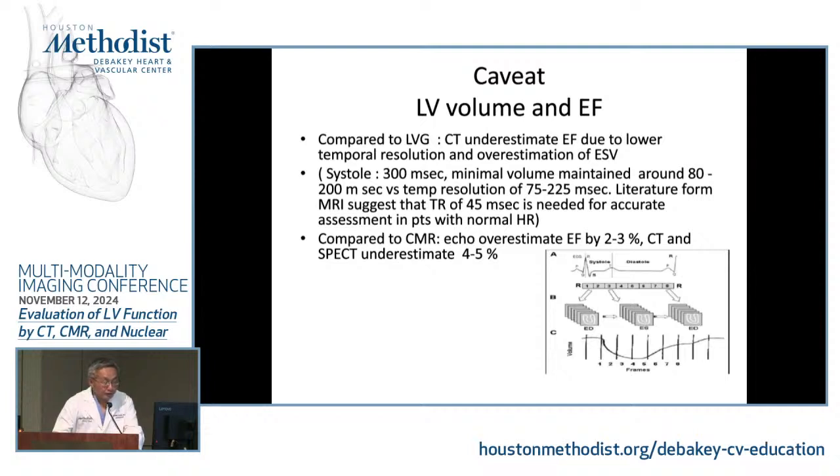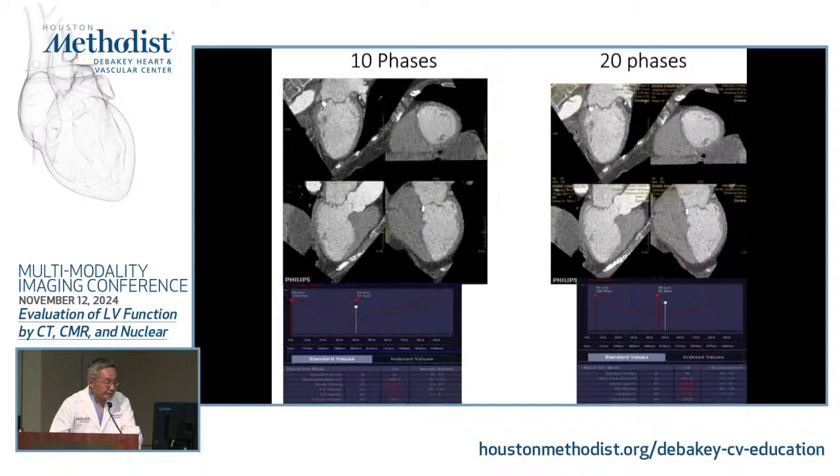Especially if you only divide into 10 phases rather than 20 phases. What do I mean by that? If you gate the images every 5% of the cycle, you're probably gonna get a little bit more accurate, okay? So overall, compared to CMR, echo overestimates EF, CT underestimates EF.